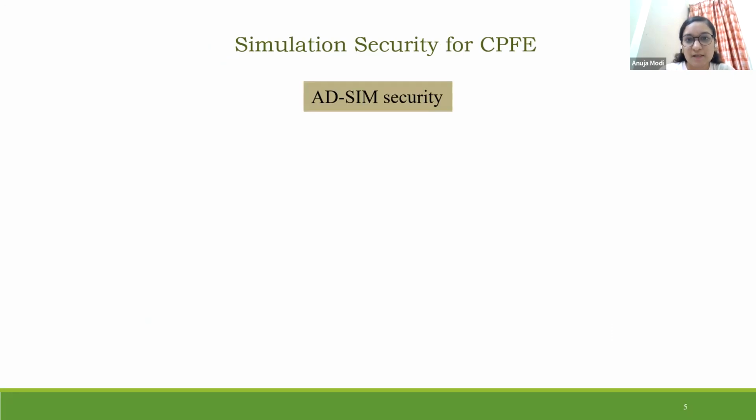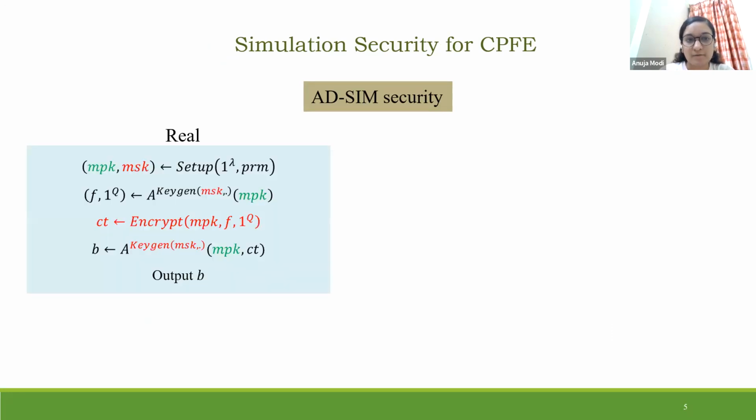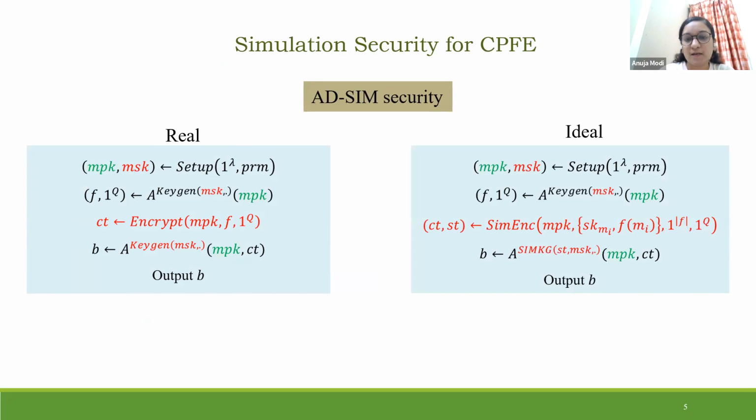Now let us see what the simulation security for KP-ABE is. In adaptive simulation security, there are two worlds, the real and the ideal world. In the real world, the ciphertext is generated using the honest encryption algorithm, that is encrypt. In the ideal world, the ciphertext is generated using a simulator, that is the SimEnc algorithm. Both these worlds should be indistinguishable.